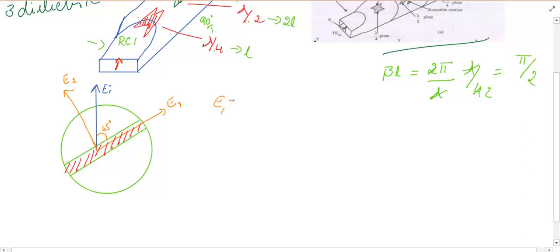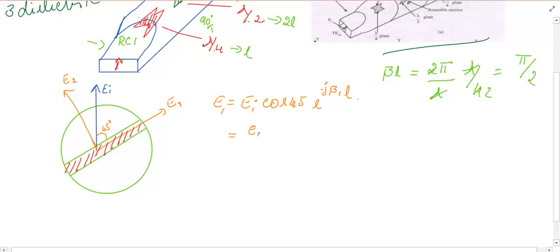E1 can be written as EI cos 45 e to the power minus j beta 1 L. So the first one is making a phase shift of the phase constant, I can consider it as beta 1 L. So from this, if I simplify, cos 45 is 1 by root 2.